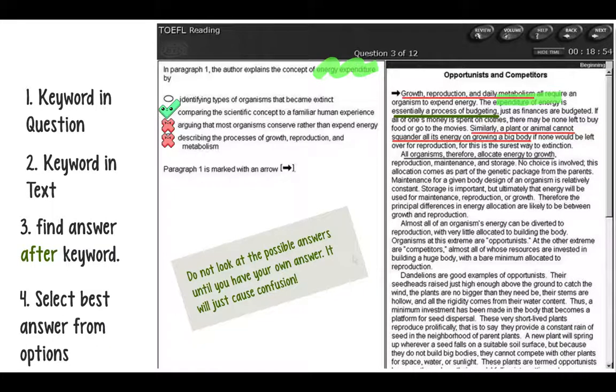So what you can see is they take these pieces of information like growth, reproduction, daily metabolism, allocate energy to growth. They take words from the text directly here in this 4th answer, growth, reproduction, and metabolism, and they put them into the incorrect answers in order to confuse you. So this is why it's super important to follow this algorithm so you don't get confused by their tricks, and also so that you don't waste time reading more than you need to read.